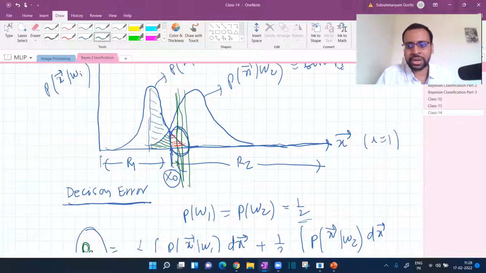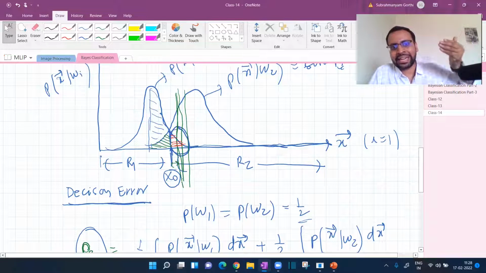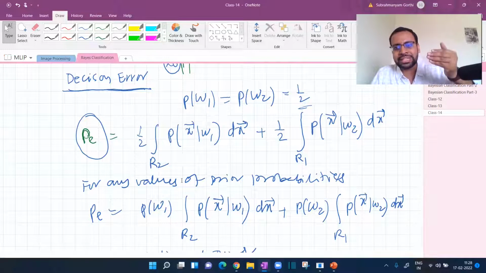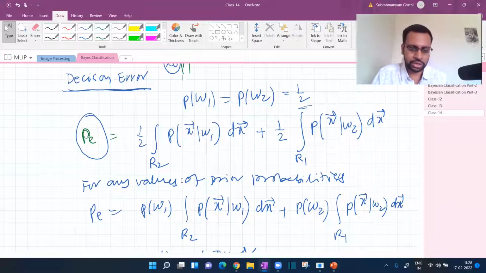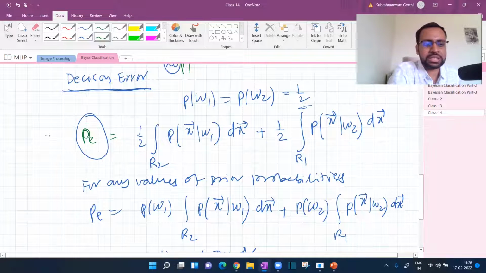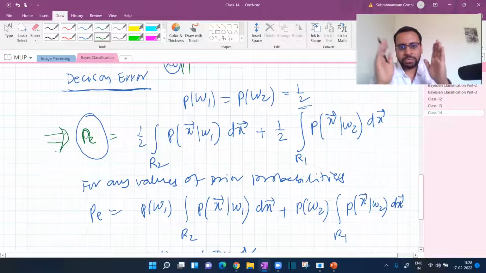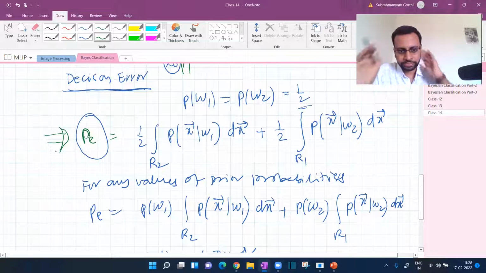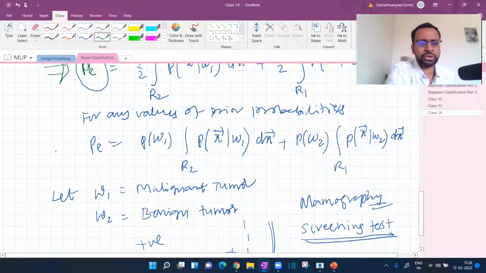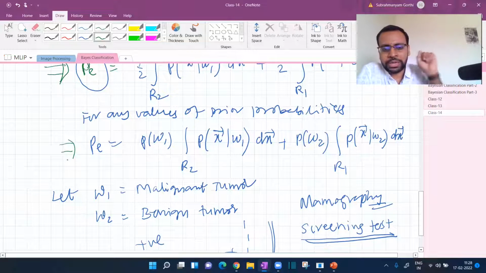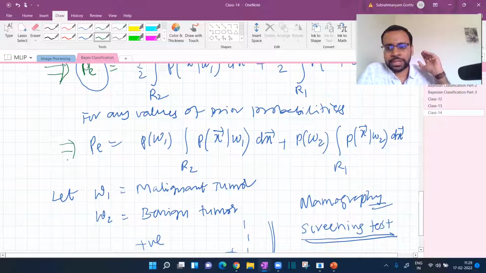Very good. Now I want you to translate this idea into this equation, because at the end of the day, you are the one going to design the classifier, and it is based on that algorithm that you are going to get your results. So how do you think this decision error right now, without having any such bias, if I am going to minimize the probability errors, I would be getting the classifications.